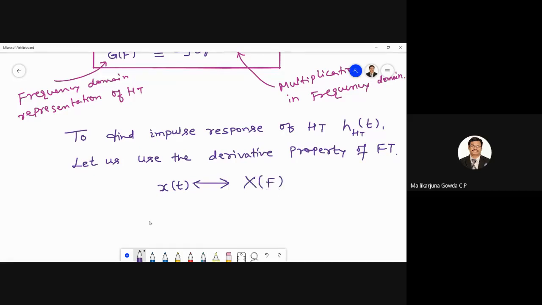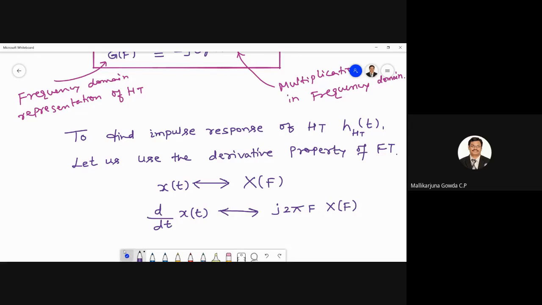Similarly, the derivative, that is d by dt of x of t, will be equal to j 2 pi f into X of f. Okay, so this is the derivative property.